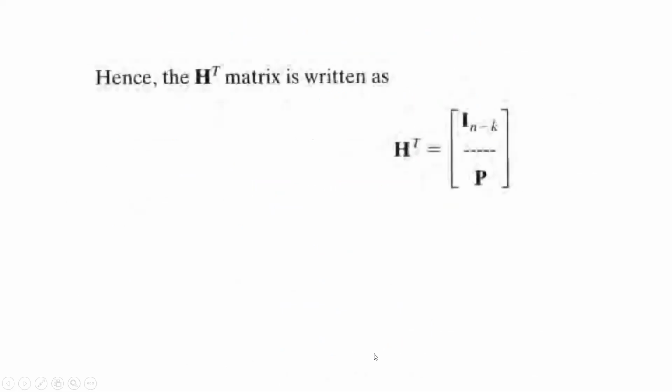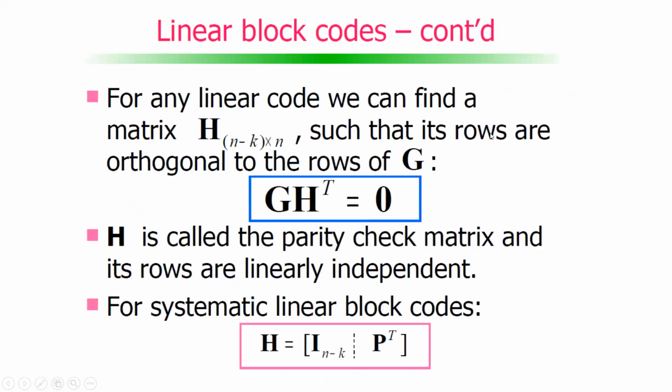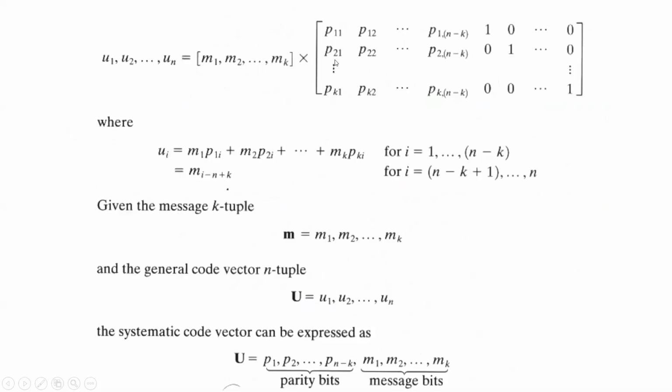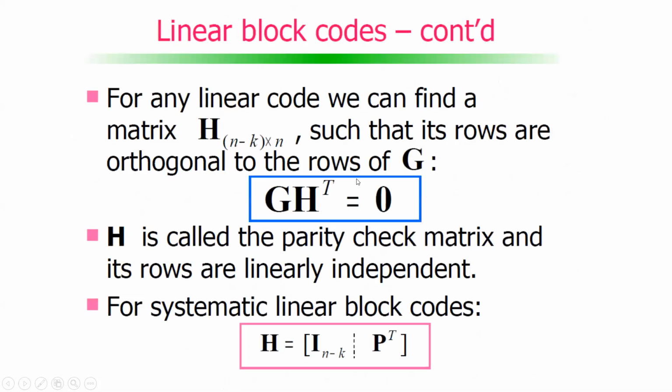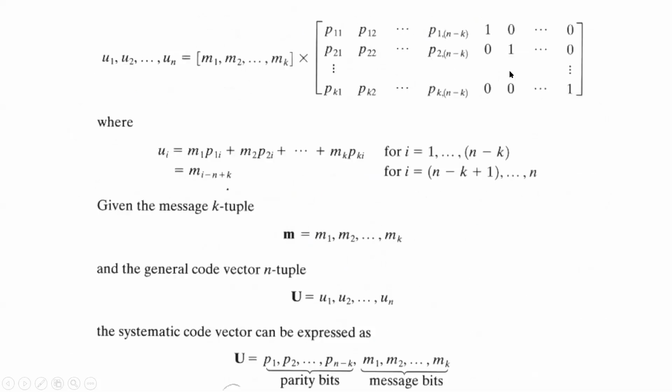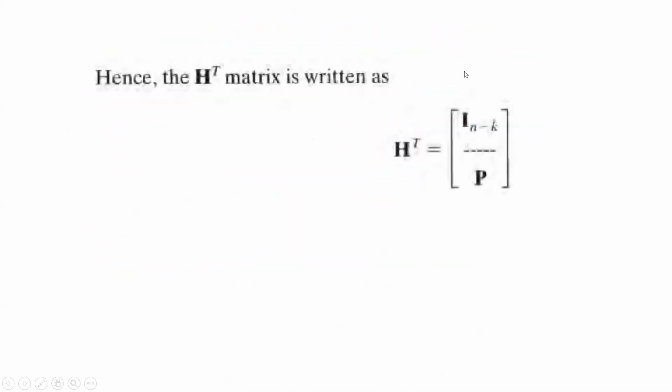So H transpose will be equal to I n minus k, P. I will write the identity matrix with dimension n minus k, and I will take the parity matrix from here: P11, P21, PK1. I take the parity matrix from here and put it there. So that will be my H.